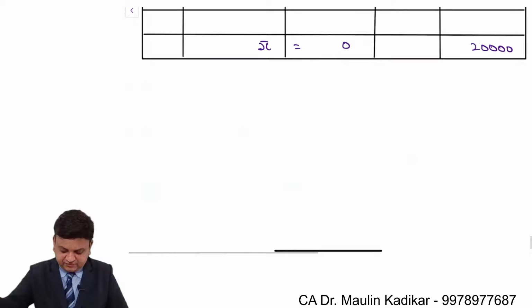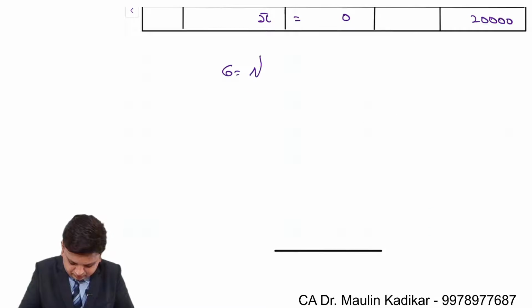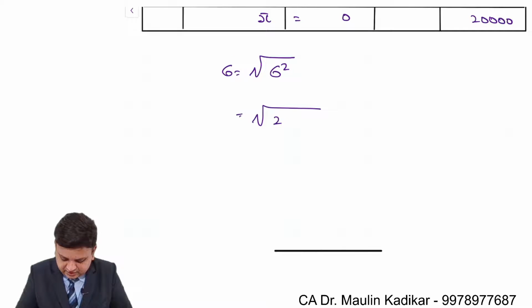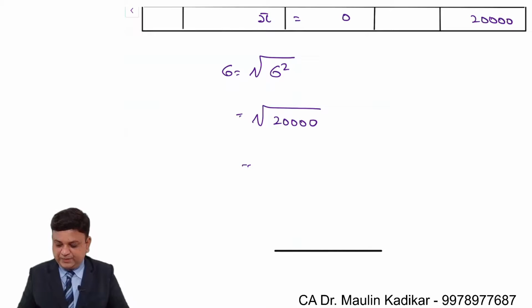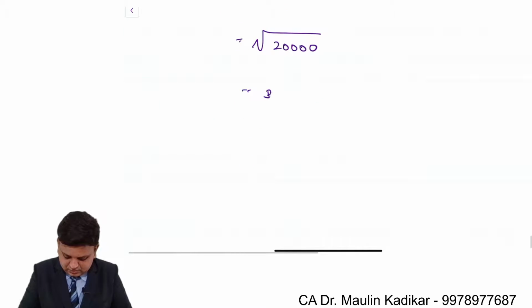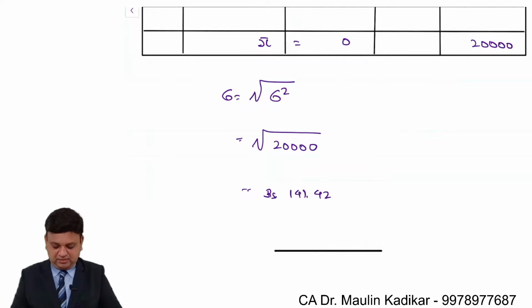So the standard deviation is the square root of 20,000, that comes to rupees 141.42. That is what we understand as the standard deviation.